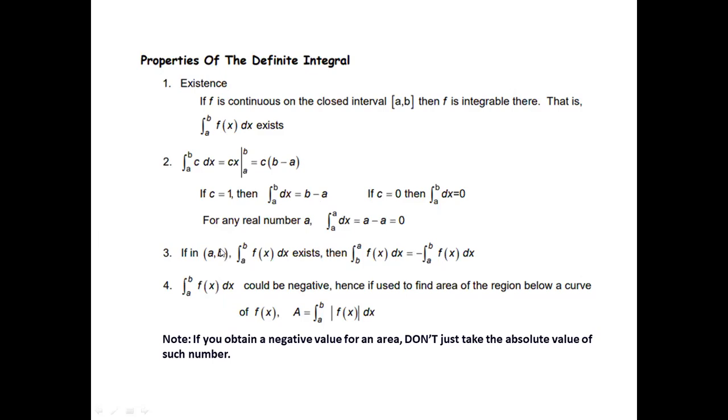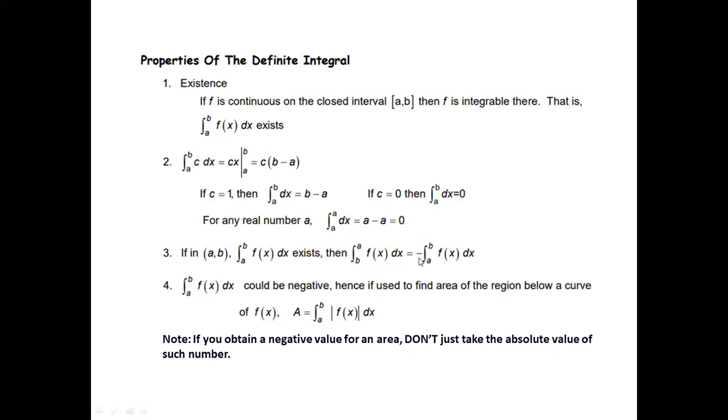Property number 3. If on the interval [a, b] the integral of the function of x from a to b exists, meaning it has a value, then for the integral of the function from b to a, what happens here, class, is you interchange the lower limit and the upper limit. So the value of the integral from b to a will be the negative of the original.